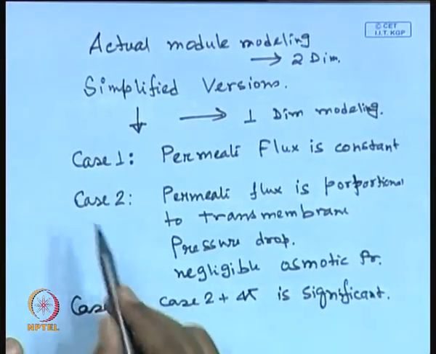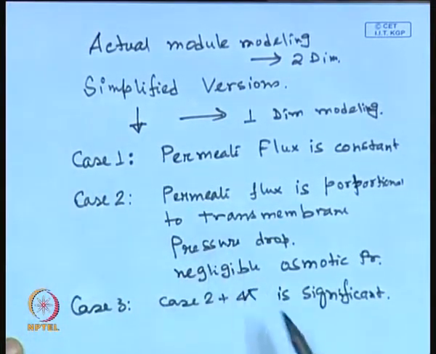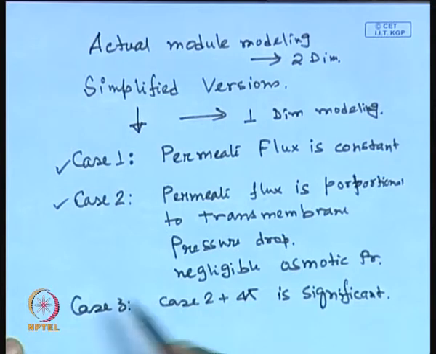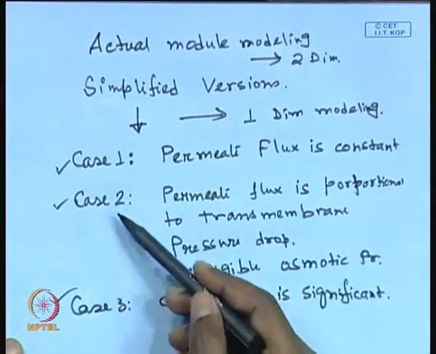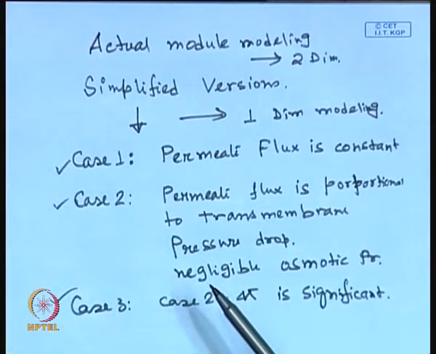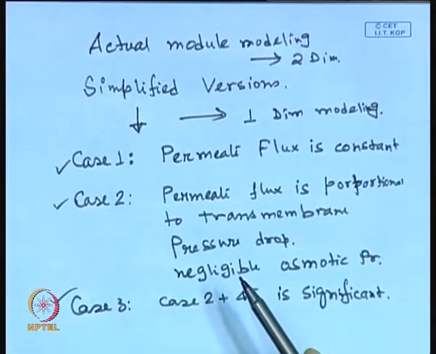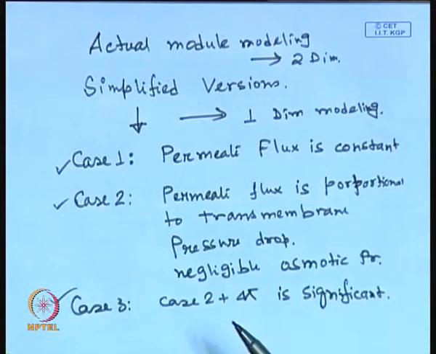Even in this we will be doing one-dimensional modeling, and in case number 1 and case number 2 we will get an analytical solution. For case number 3 we will not get an analytical solution; you have to go for numerical simulation. Basically, in cases 1, 2 and 3, we are increasing the complexity of the model and approaching a more realistic model.